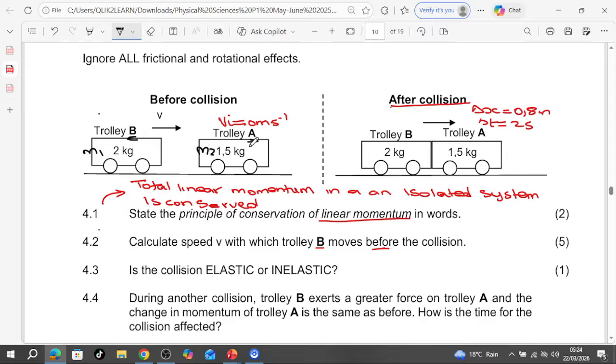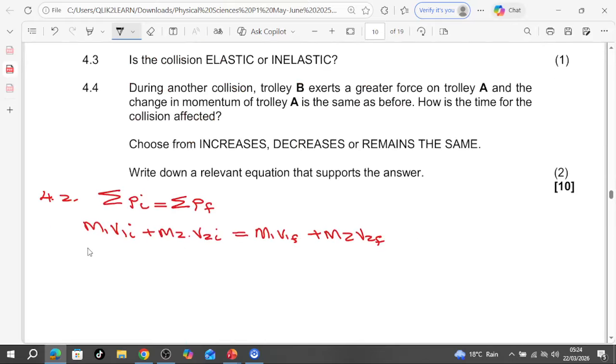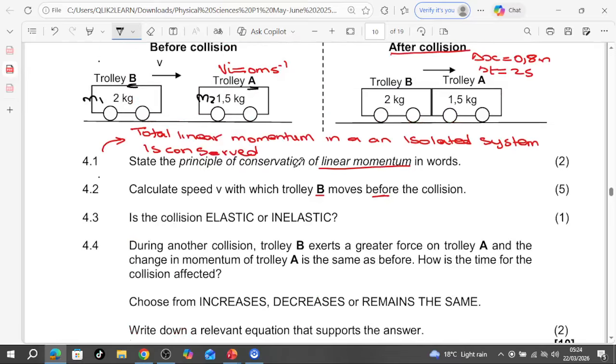So now my m1 is 2, my m2 is 1.5. Let's quickly substitute that. m1 we said is 2, multiplied by the initial velocity of that trolley B, which is v.